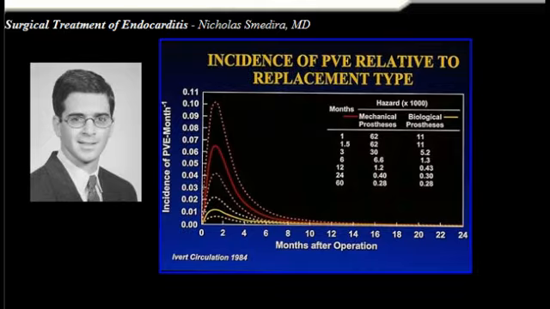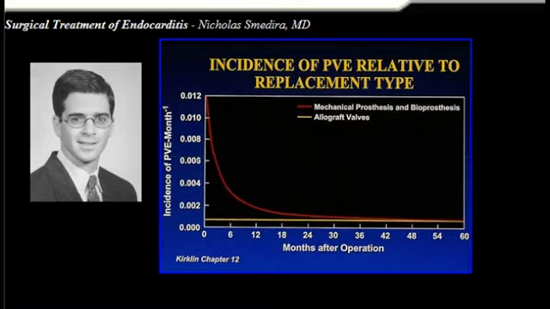So native valve, you're doing your standard valve replacement. What's the incidence? We already know that it's 1 to 3% from Blackstone and Kirkland's work. This shows that it appears to be increased risk with mechanical compared to biologic valves. Now, there are other studies that show it the other way, but I think the key thing that we all look at is that there's a distinct difference between allografts versus mechanical prosthesis and bioprosthesis.